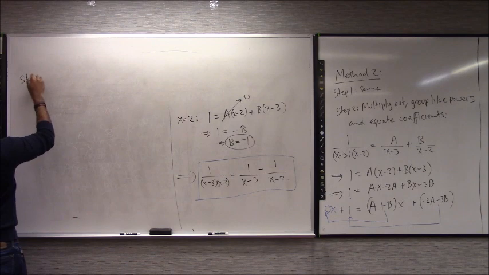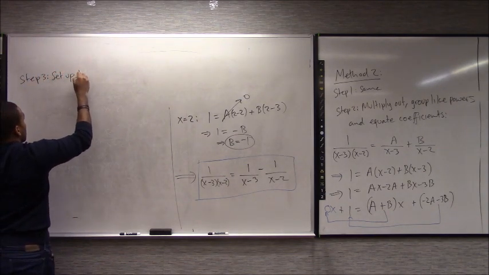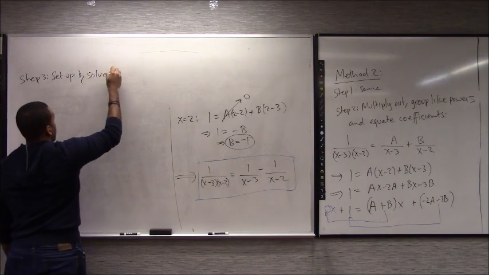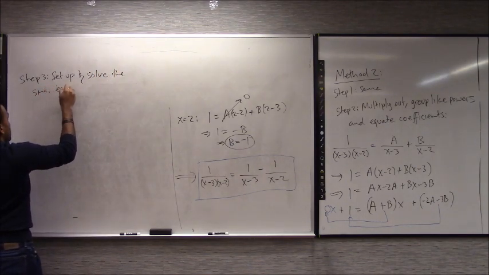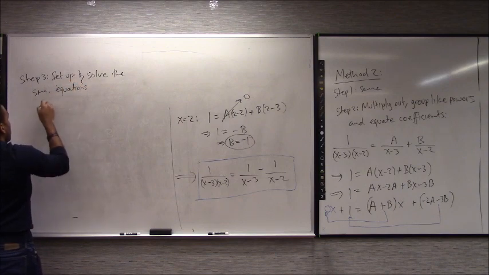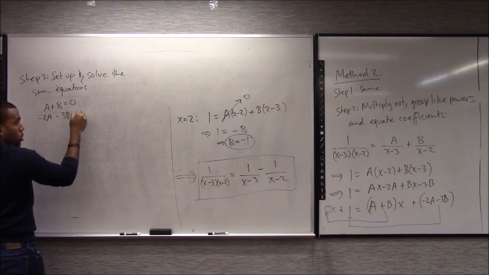So, step 3, set up and solve the simultaneous equations. You'll get a plus b equals 0, and you get minus 2a minus 3b equals 1.